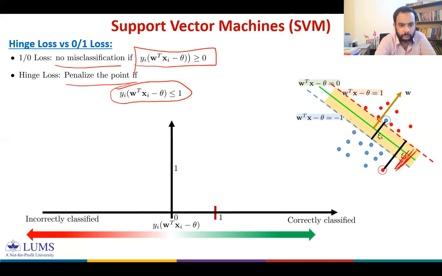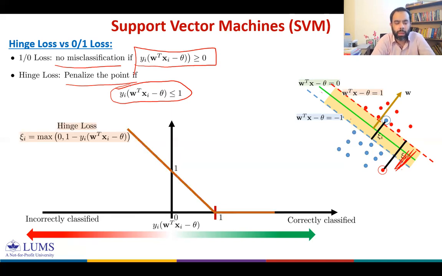I have indicated this 1 here, which is the plus plane or the negative plane on this axis. If I plot the hinge loss, this is the hinge loss.